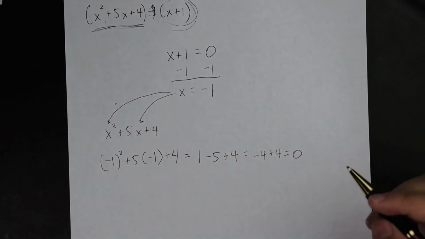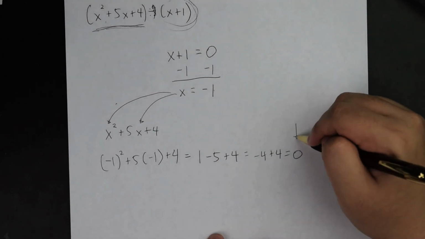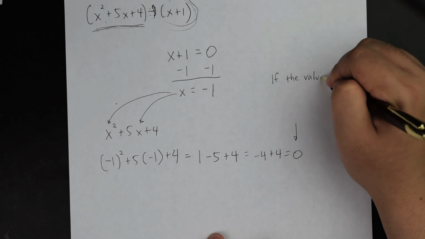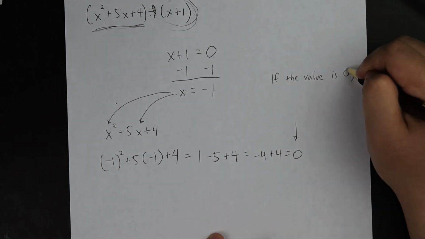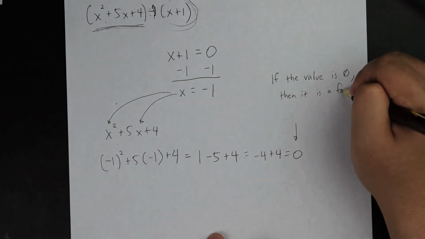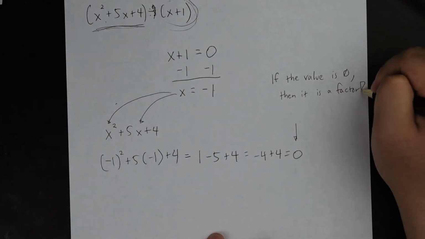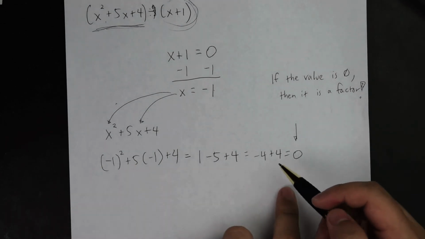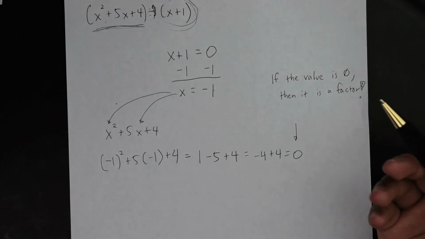And how the remainder rule works is that if the value is 0, then it is a factor. And which is the case for this? It's going to be a factor. And so we know as a fact that this value is a factor just by simply calculating with basic arithmetic.